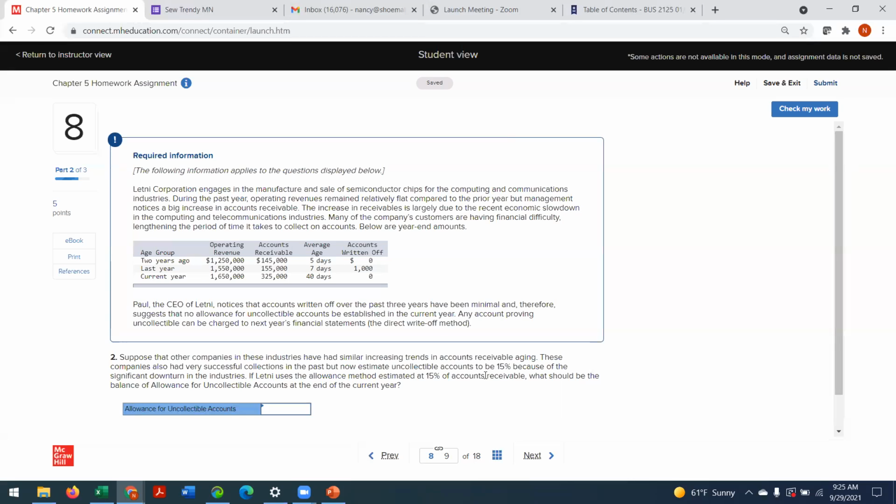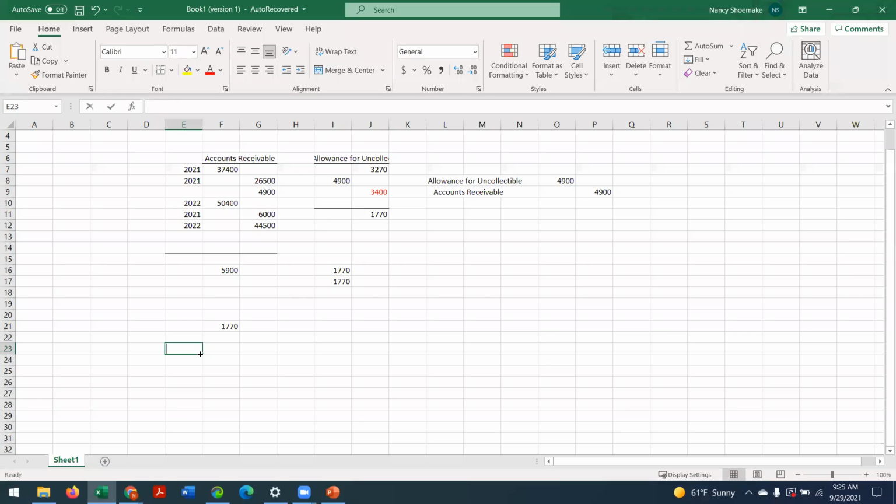Professor, would you have to minus the account written off from the account receivable, or? Yes. Okay. Yes. So my take on this should be the 1,600 and 325,000 times 15% is 48,750.